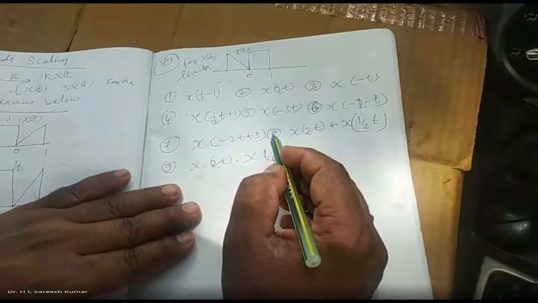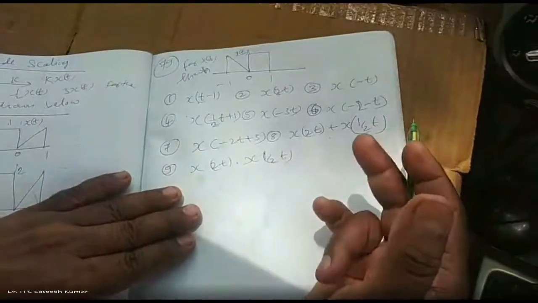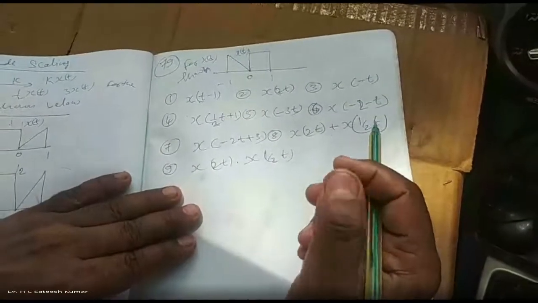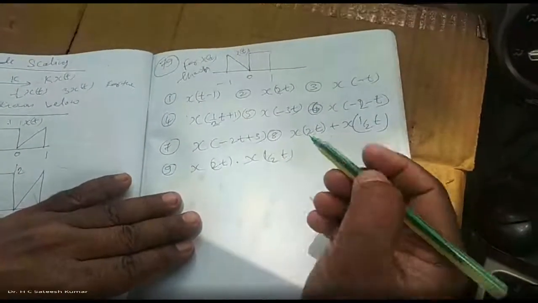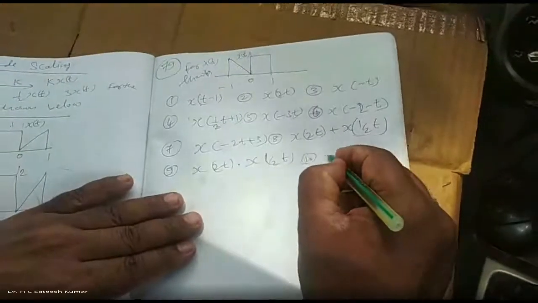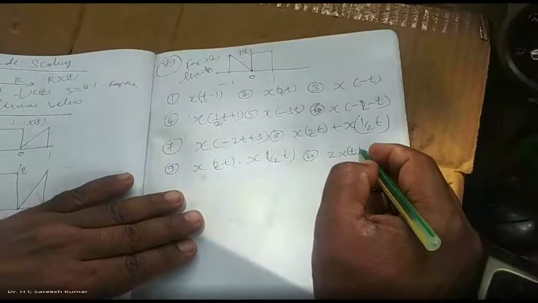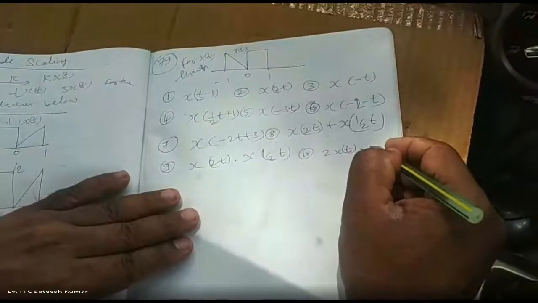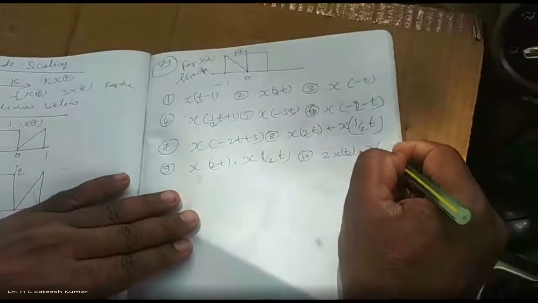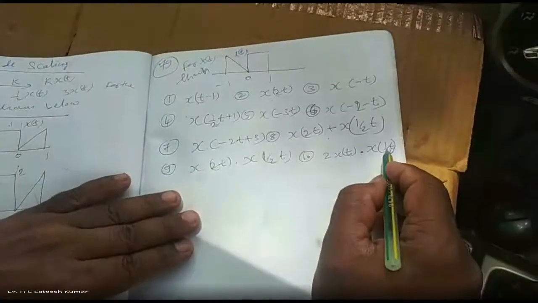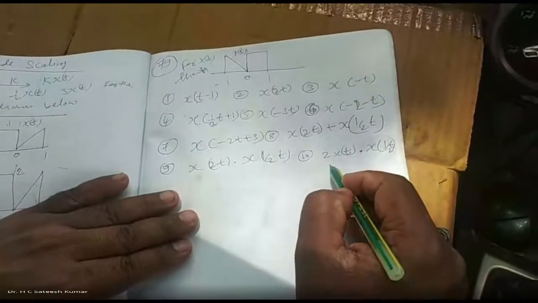So all operations we did: shifting, scaling, folding, multiplication, addition. One more is there including amplitude scaling. So the 10th one, 2x of t into x of half t. That means multiplication is there, time scaling is there, amplitude scaling is there.